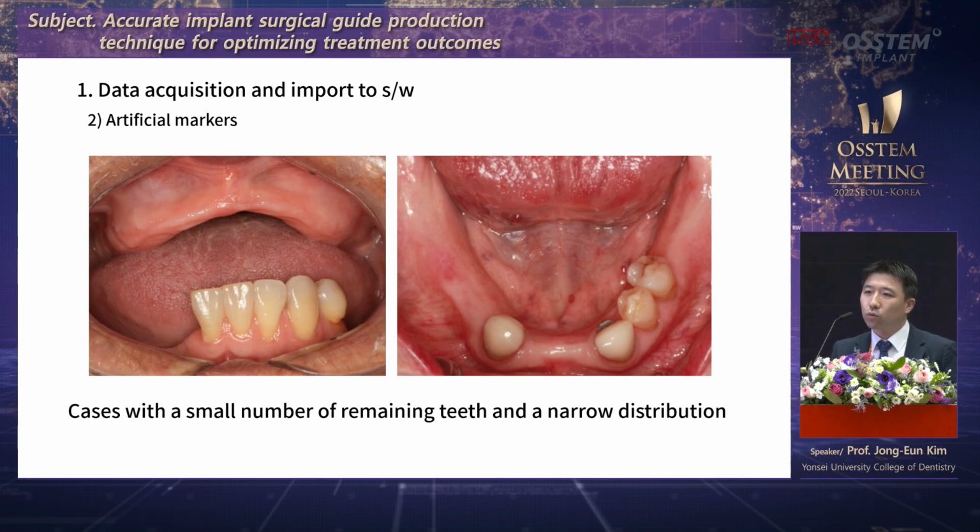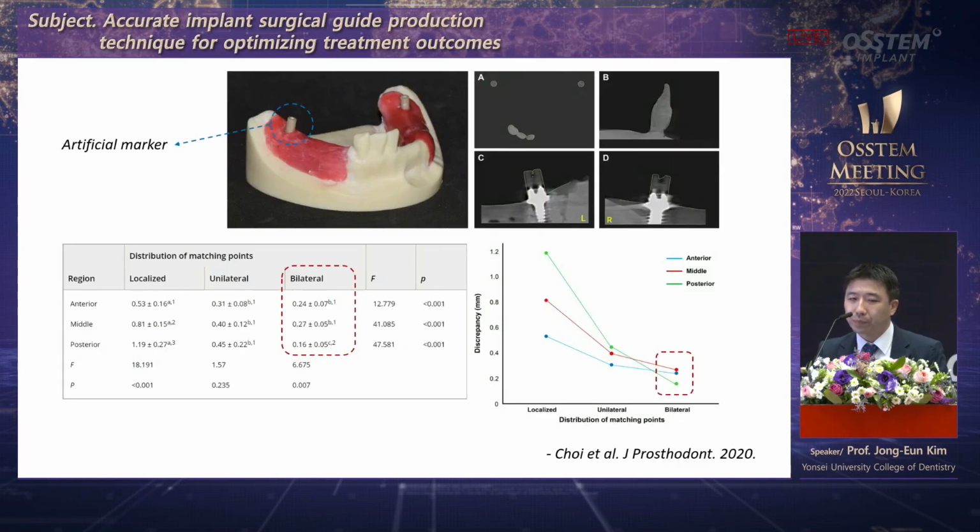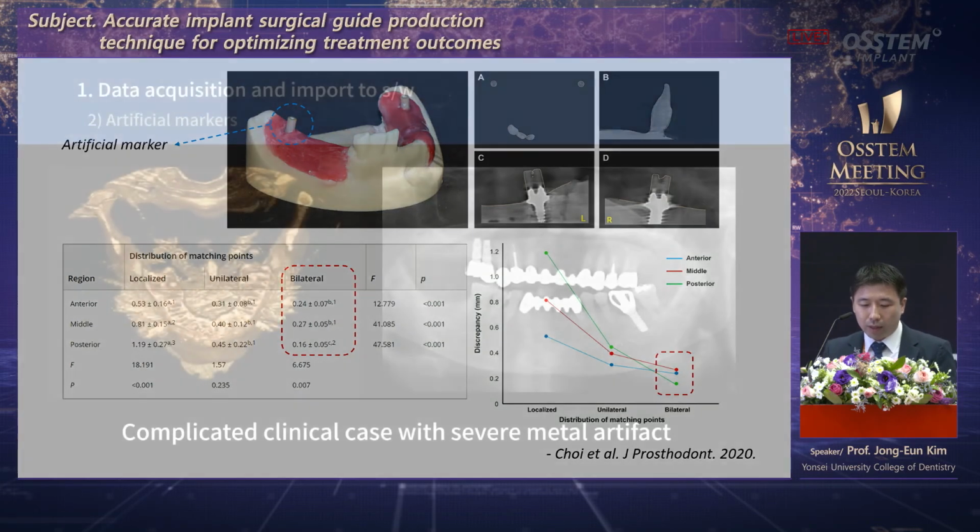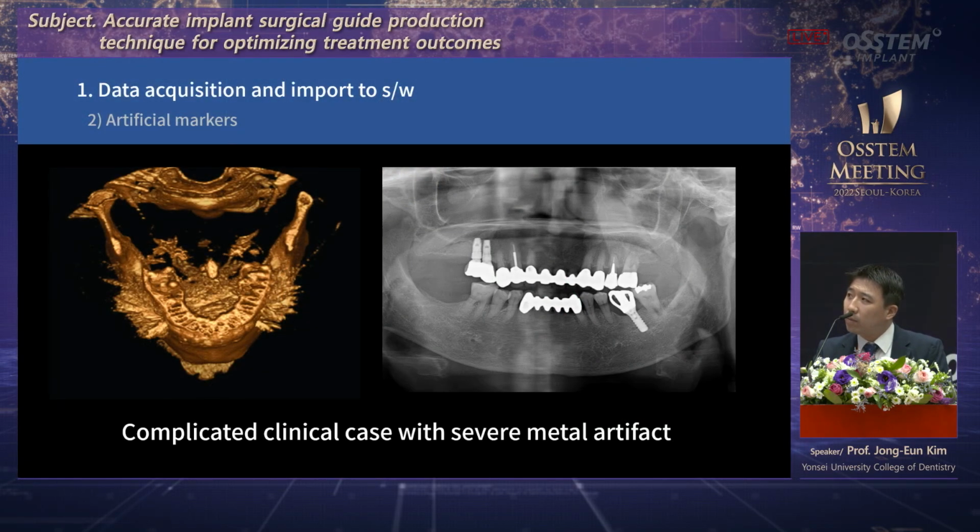If there's not a lot of teeth, and if it is only remaining teeth and narrow distribution, in this case, there can be many errors in merging. Therefore, artificial markers need to be provided. As you can see, the deviation and error goes down significantly, and this is reported by many studies.